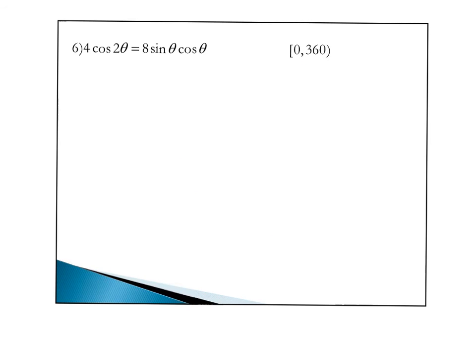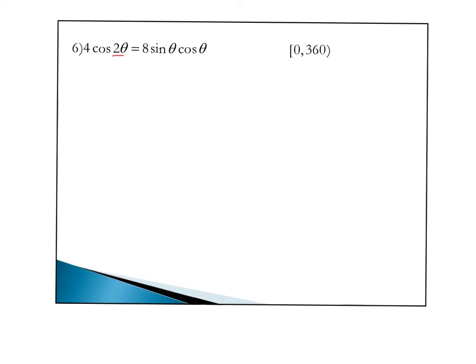This problem here is pretty challenging, mainly because we have 2 different functions, and in addition to that, we also have a double angle function. Now I'm going to show you kind of a neat way that we can solve this, just to give you an idea of some alternative strategies we can use.